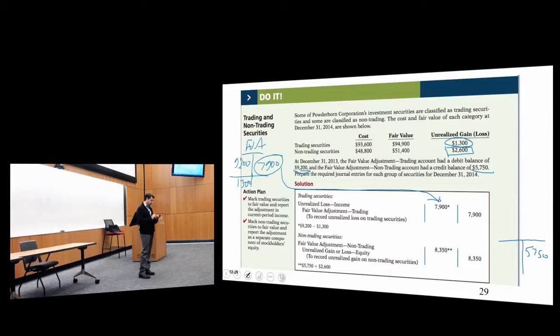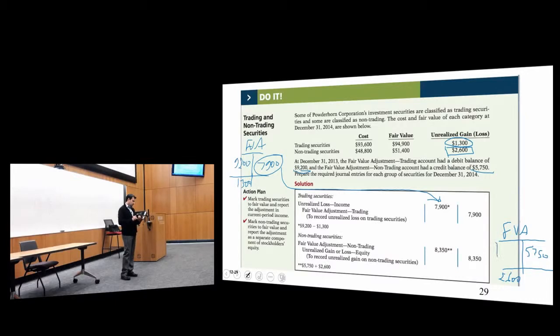Well, here again we're looking at fair value adjustment. It's supposed to have a 2,600 debit balance because eventually it will be debited that amount. How do you get from a credit balance of 5,750 to 2,600?